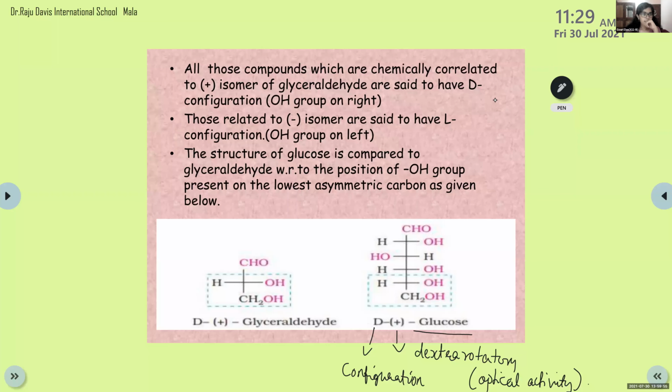So you have to learn the structure of glyceraldehyde and the structure of glucose. And we are comparing this lowest asymmetric carbon of glucose with this plus form of glyceraldehyde.